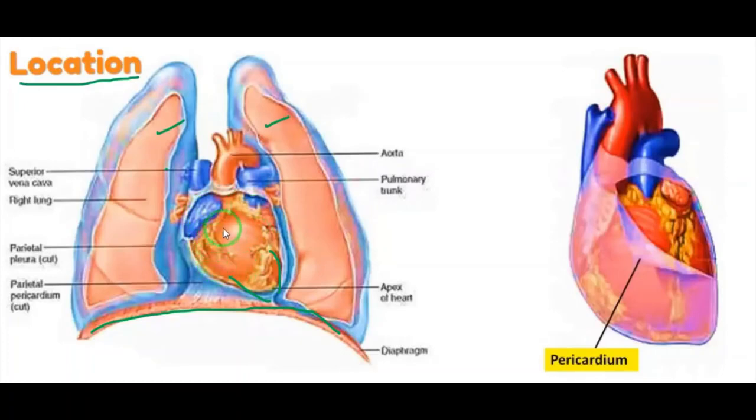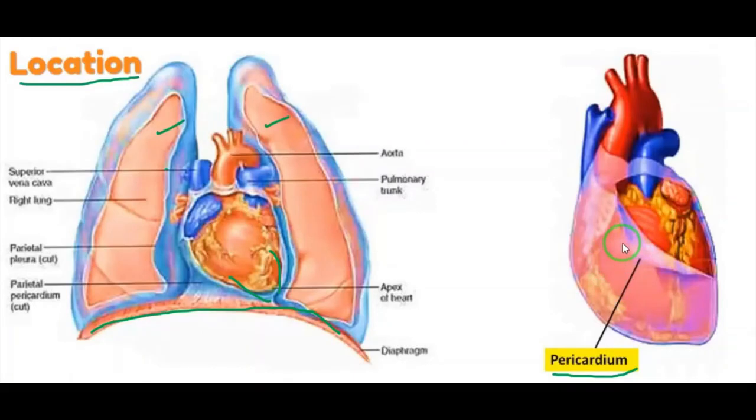Now, you see in this diagram, the heart is covered with a double-walled sac. This is the outer covering. This double-walled sac is known as the pericardium. The pericardium contains lubricating fluid.